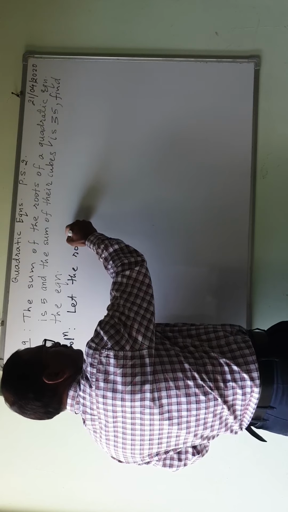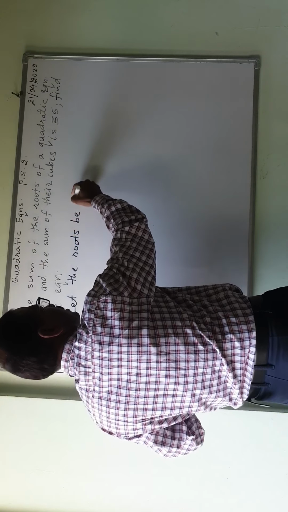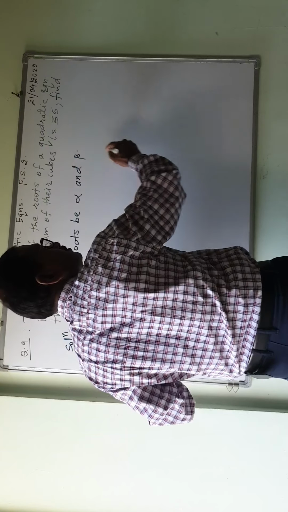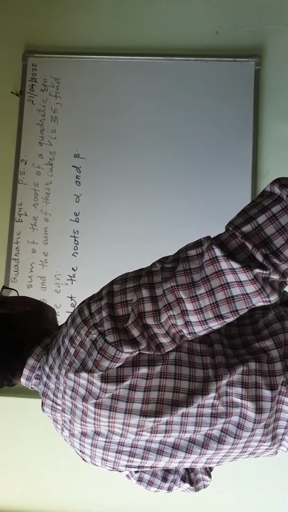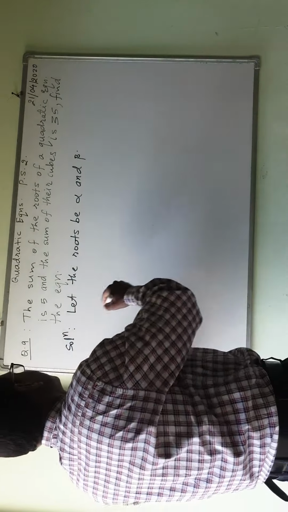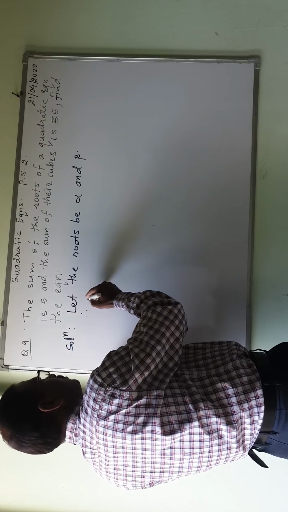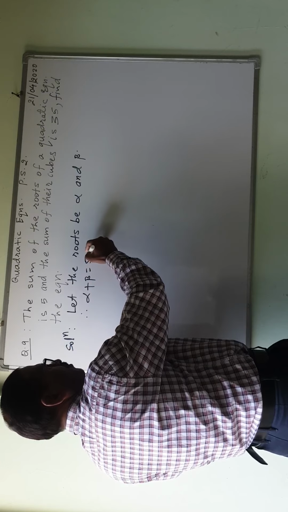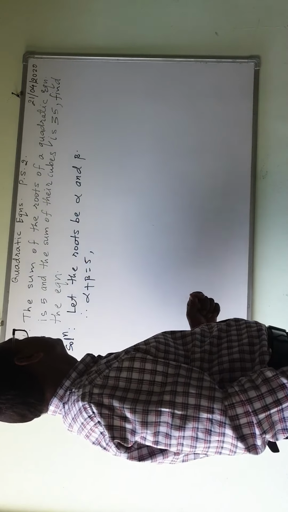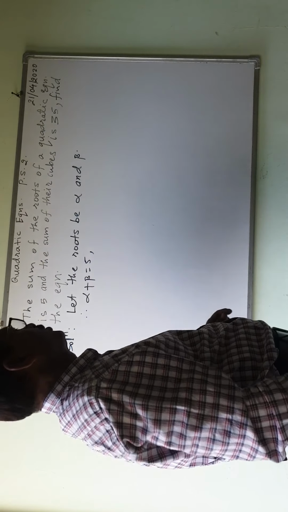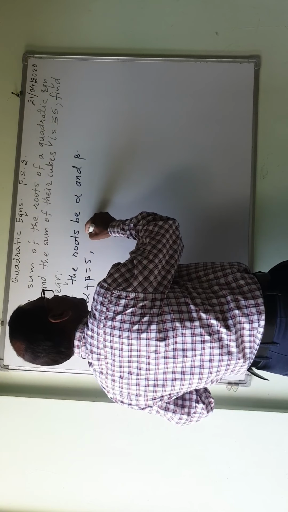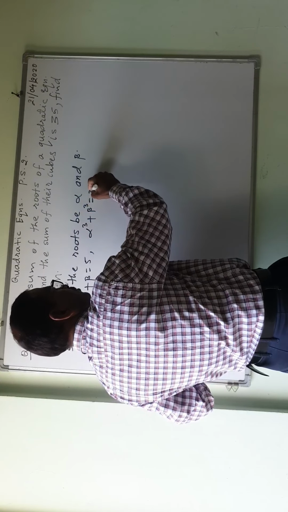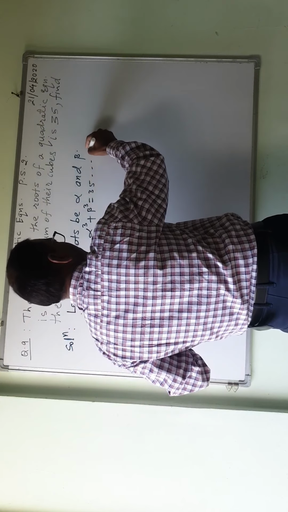Therefore, the sum of the roots, alpha plus beta, is equal to 5. The sum of their cubes, alpha cube plus beta cube, is equal to 35. This is all given.